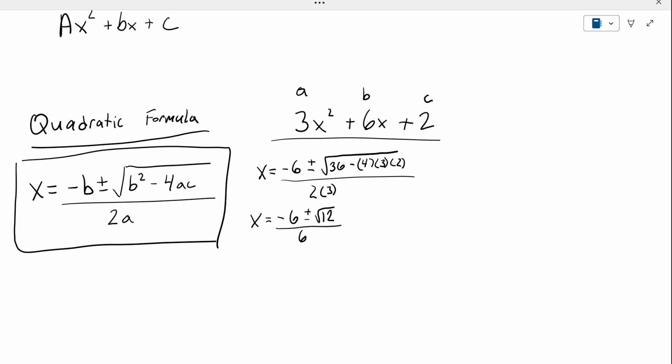And now this leaves us with two answers. Our first answer is x is equal to negative 6 plus root 12 all over 6. And our second answer is negative 6 minus root 12 all over 6.